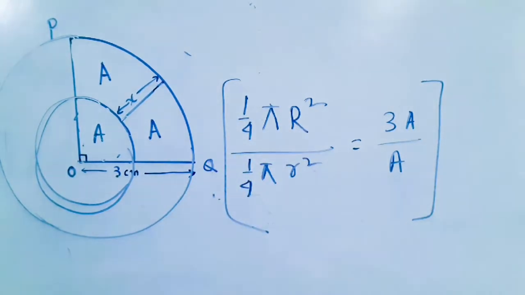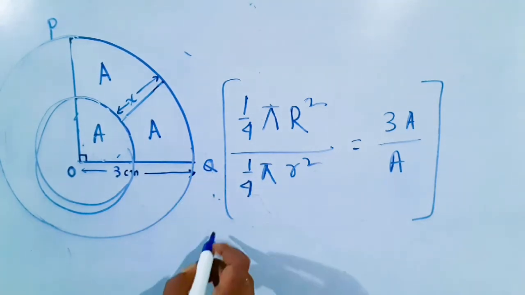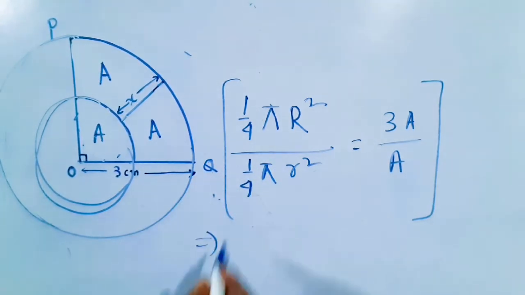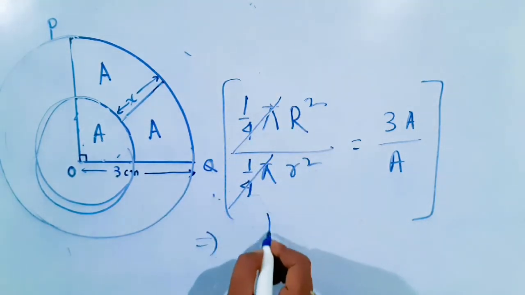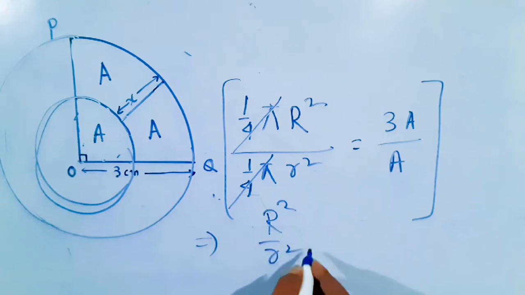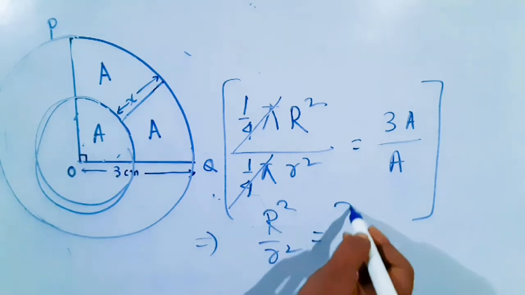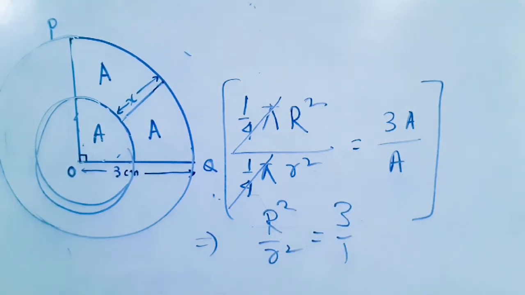So this is the equation. We can make it very easily. Okay. So cancel this part, R square by r square, and right hand side 3 by 1. Just find the square root of both sides. Capital R by small r, root 3 by 1.